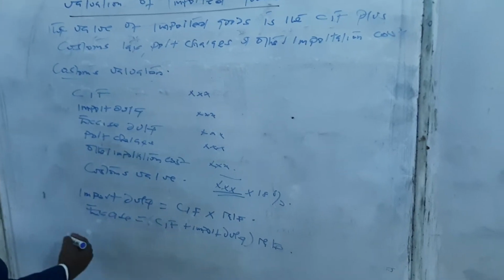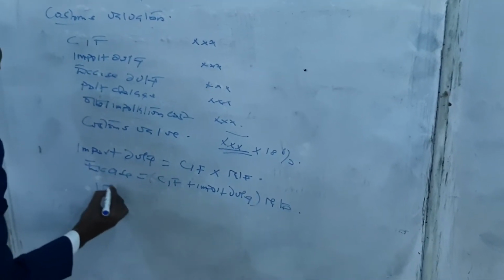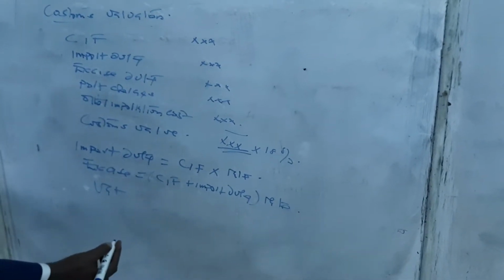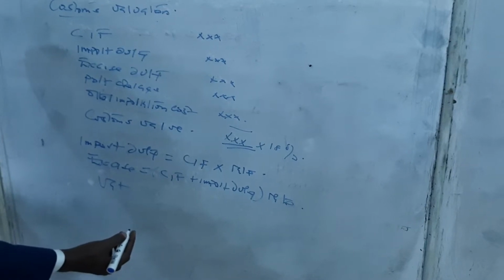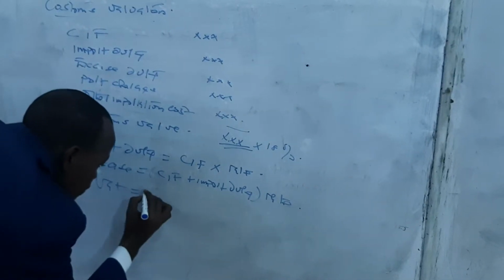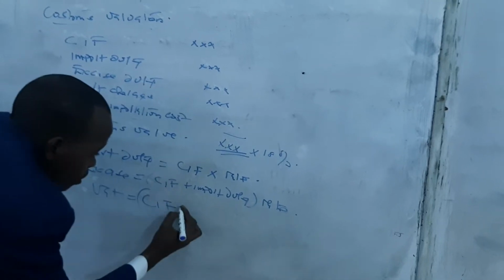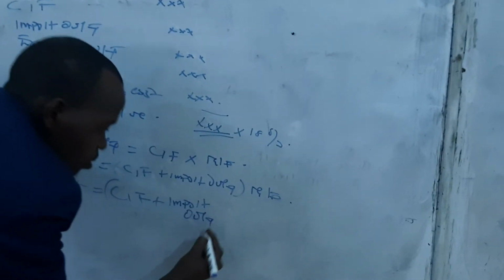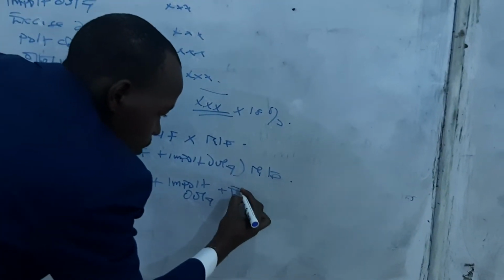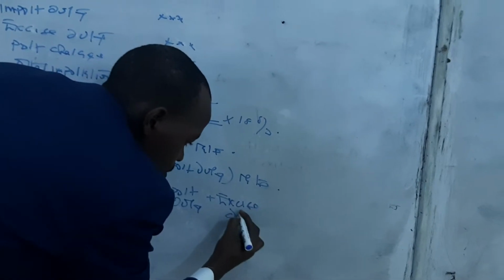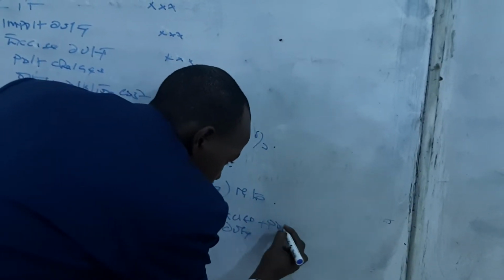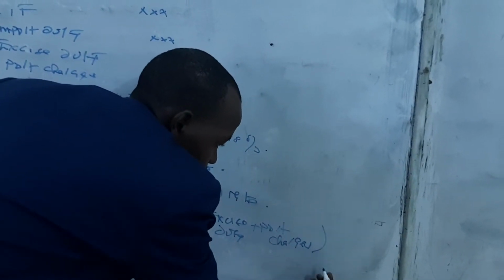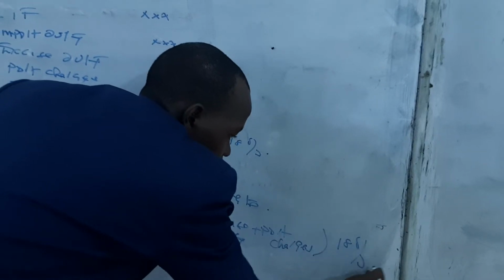And then after getting that, you find out the VAT. And how do you get the VAT? The VAT here, you take the CIF plus the import duty plus excise duty plus port charges, then times 18%.